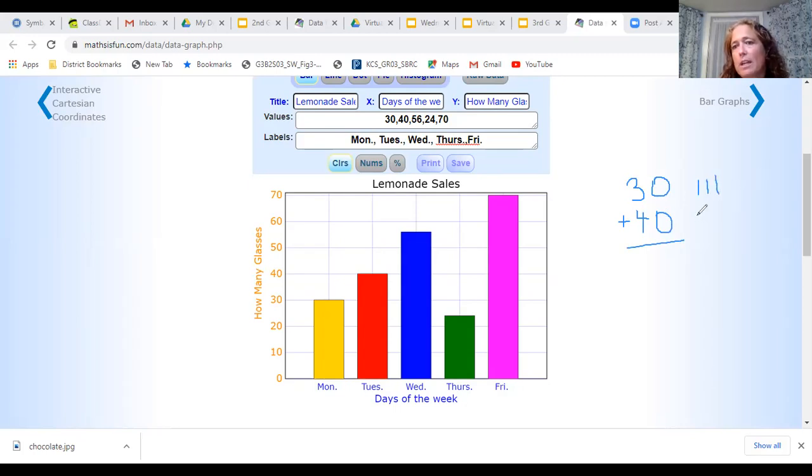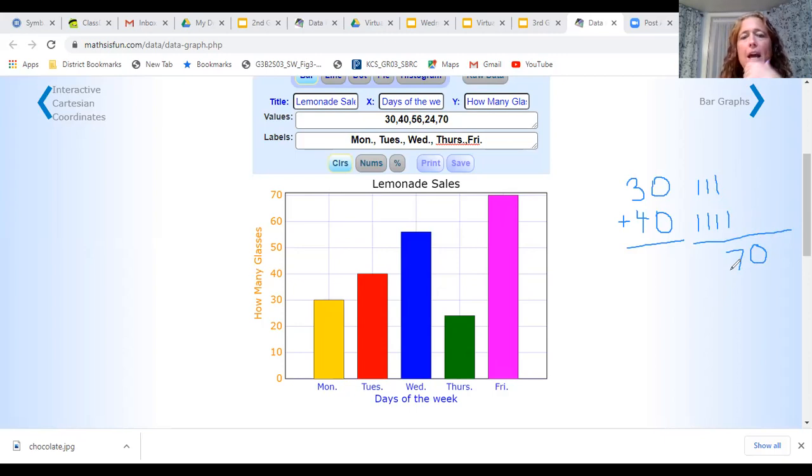We know 40 is 4 tens and no ones. So when we add, we have 0 ones and 1 set of 10, 2 sets of 10, 3, 4, 5, 6, 7 sets of 10. So the total for Monday and Tuesday was 70 glasses of lemonade.